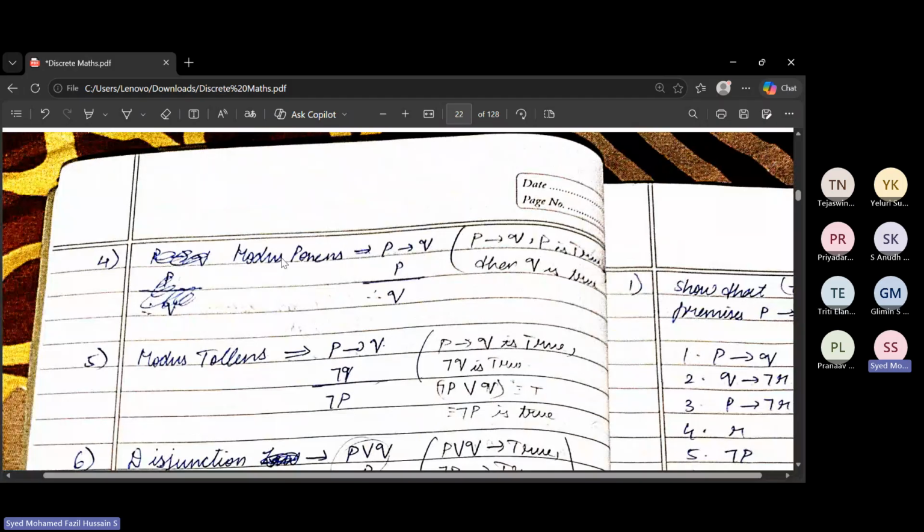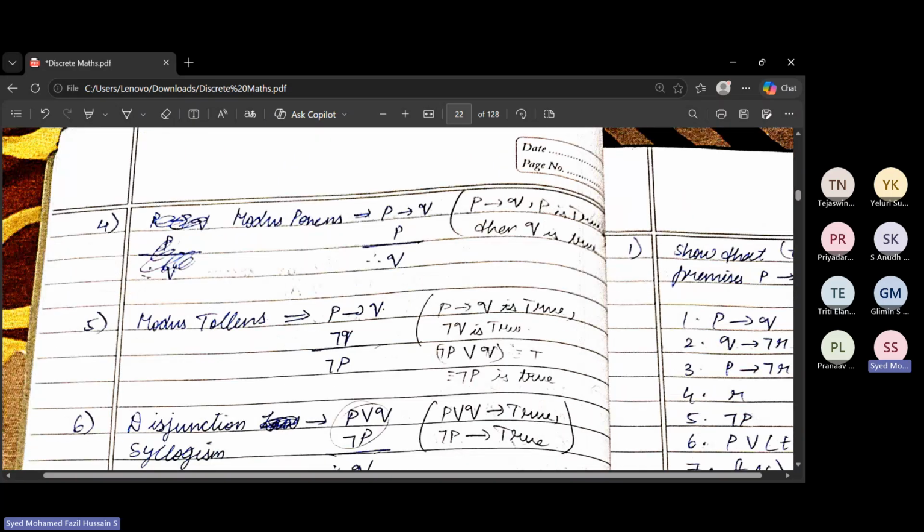Okay, so modus ponens. Here, if P then Q is true and P is true, then Q is true. The P then Q is given here, and we are given that P is true. Then it implies that Q is true. That is called modus ponens.